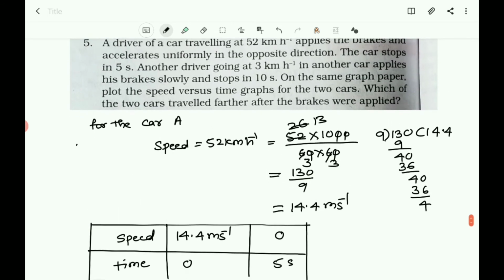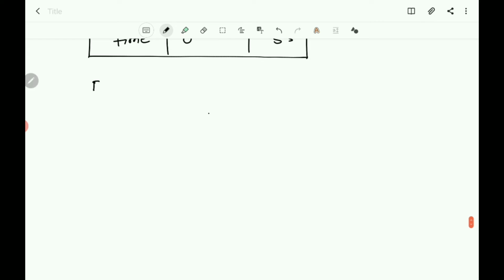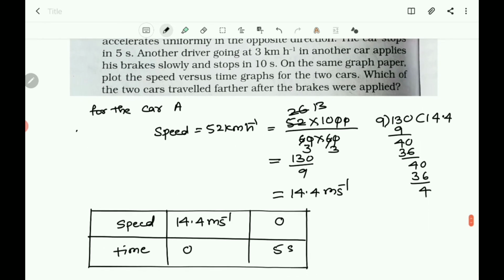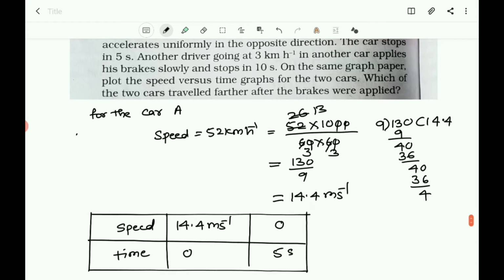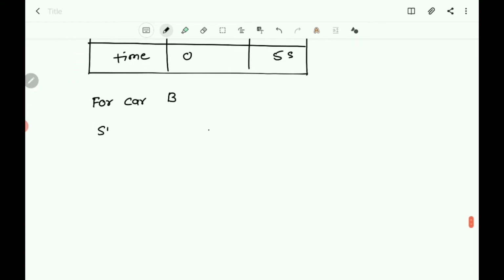Next you take car B. Here driving at 3 km per hour means that is the initial speed. Speed is equal to 3 km per hour.